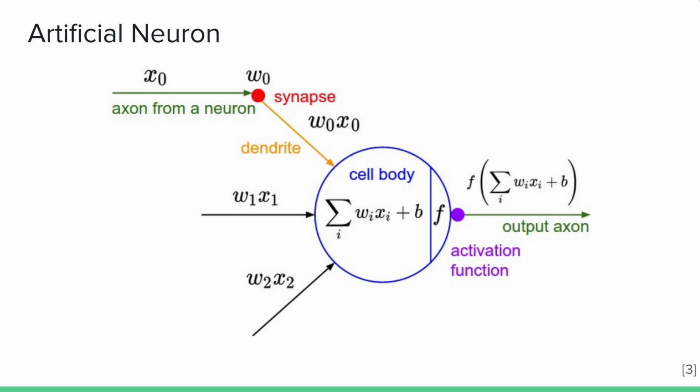For example, you can sum up those values, add a bias term b, and then have an activation that says whether it should fire or not. And this is the output that will be fed into the next neuron. And the goal of the training would then be to find good values for this W and the bias term to produce something meaningful. For example, to find a line that separates two classes.